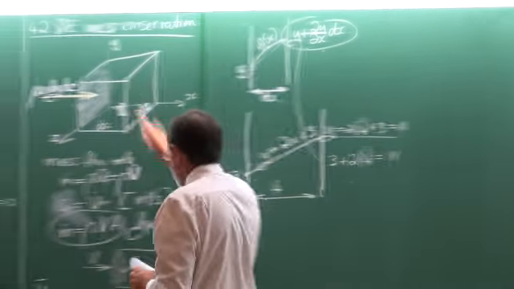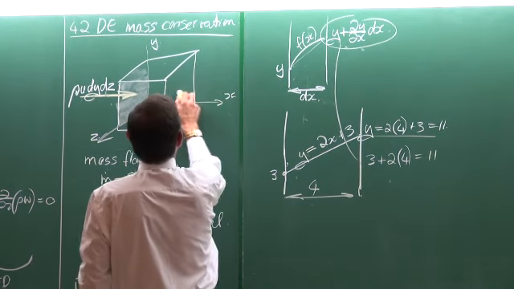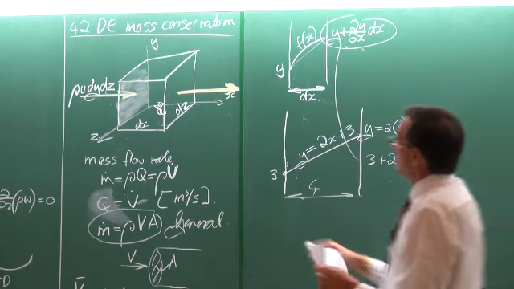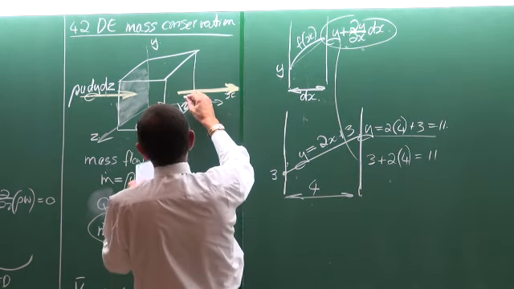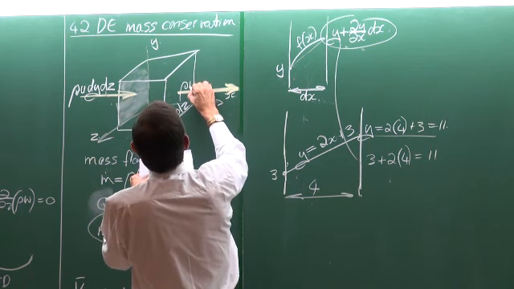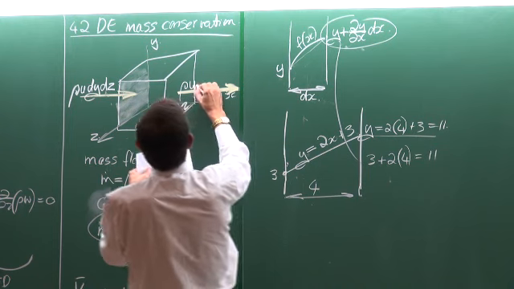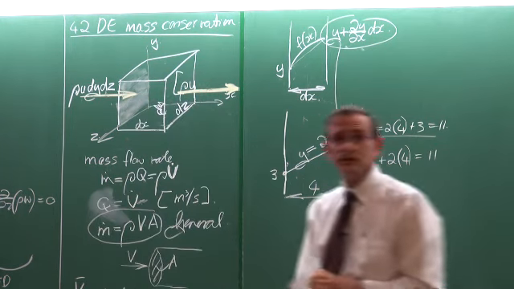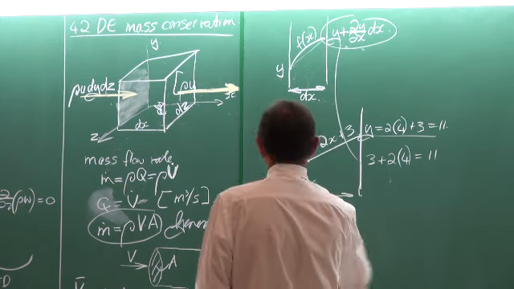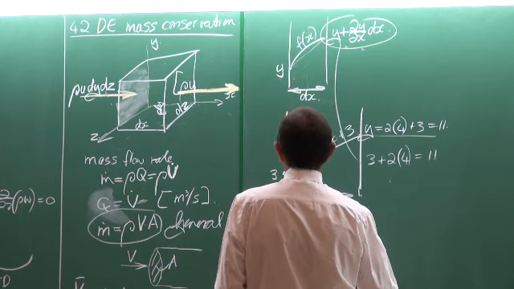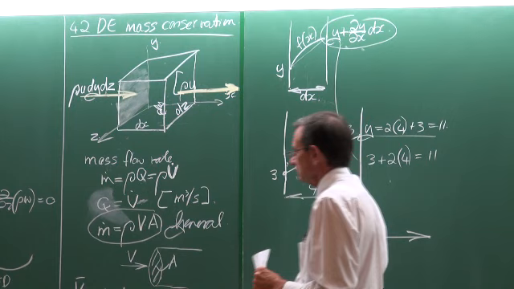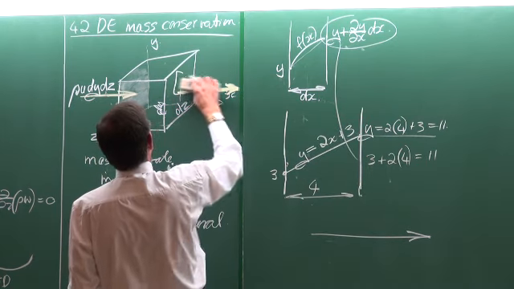Okay. So if we now go to that face there, then the mass flow rate would be equal to rho u. I'm going to write it a little bit different now. Let me put it here, there's that arrow, and I do not have enough space.